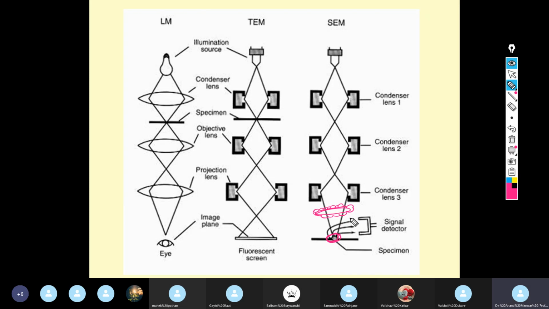And the secondary electrons generated from the striking of the primary electrons will be collected here, amplified and sent to the cathode ray tube, where you can observe the visual effect.